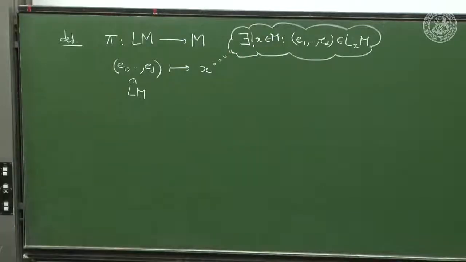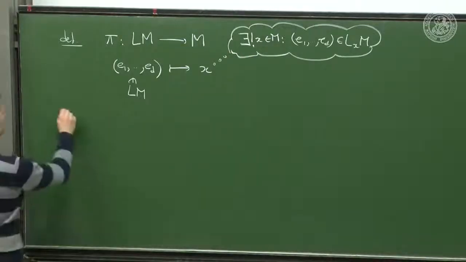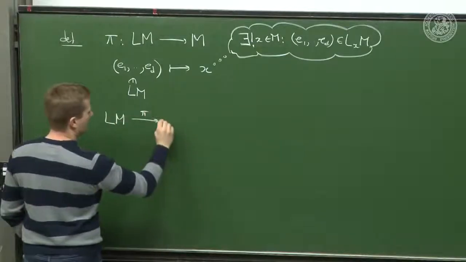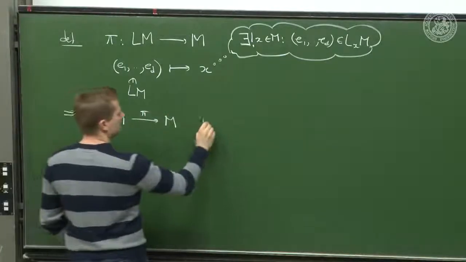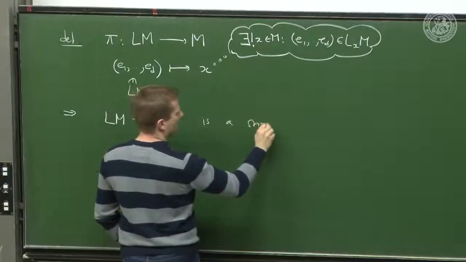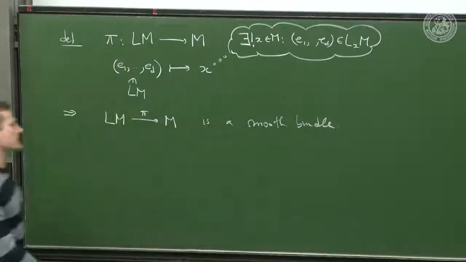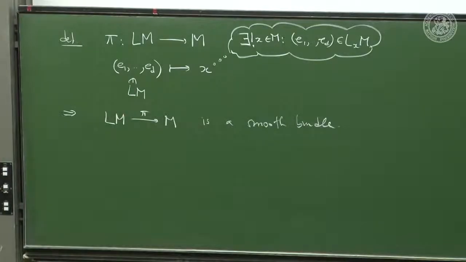That's then the bundle projection. And so in total, we got that LM with this projection map down to M is a smooth bundle. Obviously, in order to really show this in detail, you have to check a lot of things, but this is the sketch of what you've got to do.